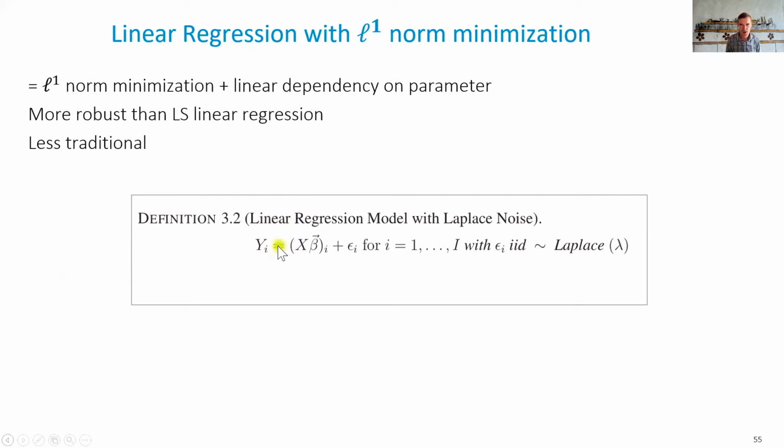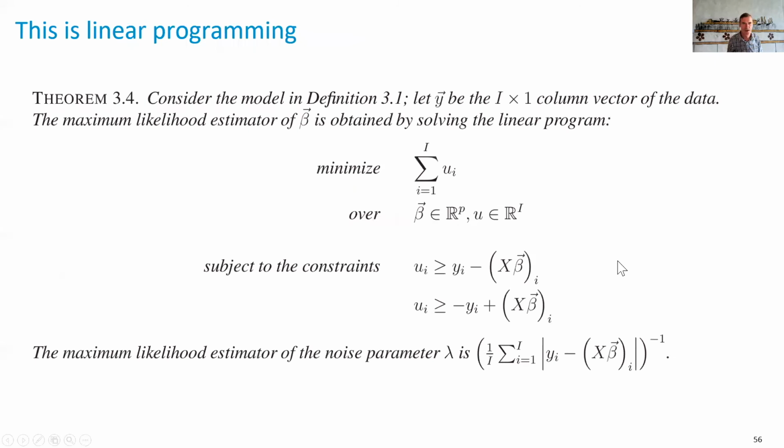So if I consider again the linear case, like before, we have a linear dependency with respect to the parameter, and the noise here is assumed to be Laplace. Then what we have to do is to minimize this quantity here.